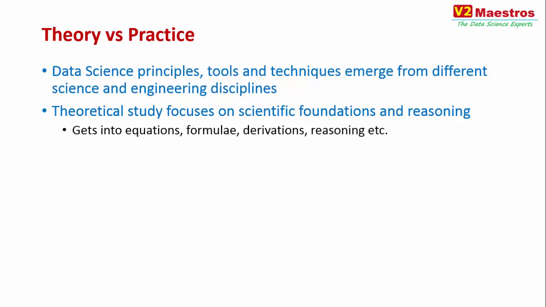And there is a lot of theoretical study that is there in data science in terms of understanding how these various machine learning algorithms work, how they are derived, what mathematical principles they are based on. Typically, they involve a lot of equations and formulae and derivations and reasoning. That is what I call theory, in terms of the theoretical basis of why machine learning algorithms work.